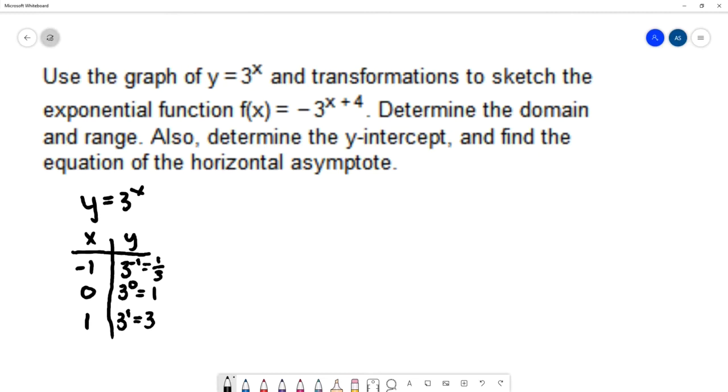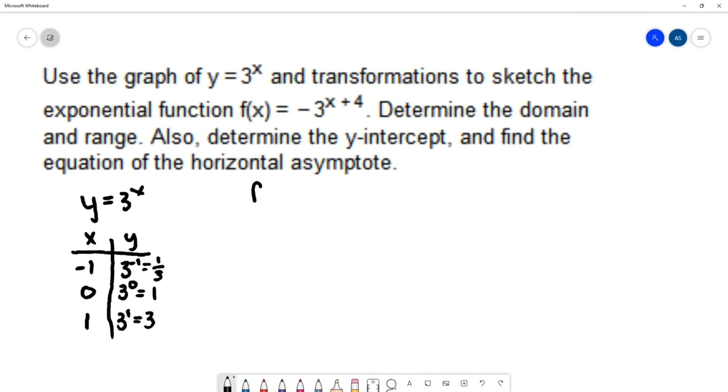Now we want to see, using transformations, how those points transition in the graph of -3 to the x plus 4. So first we have to understand what these transformations are.